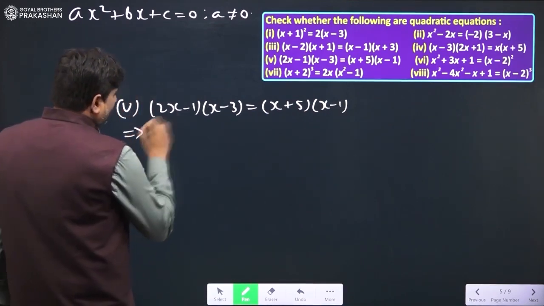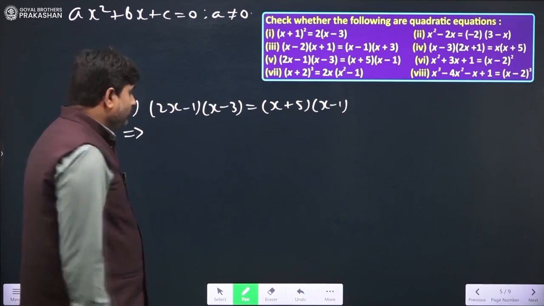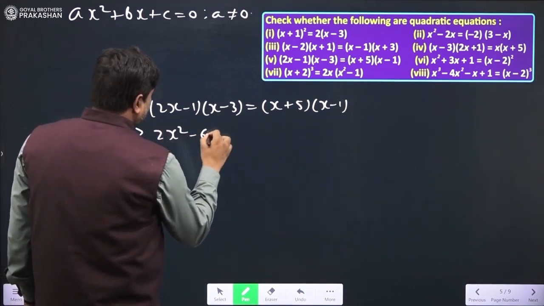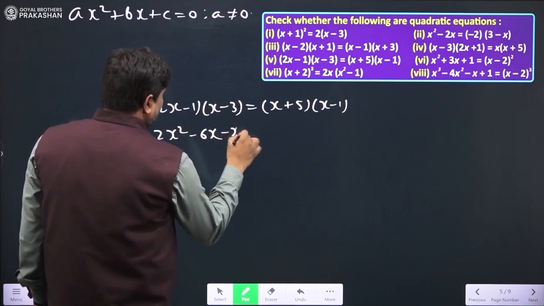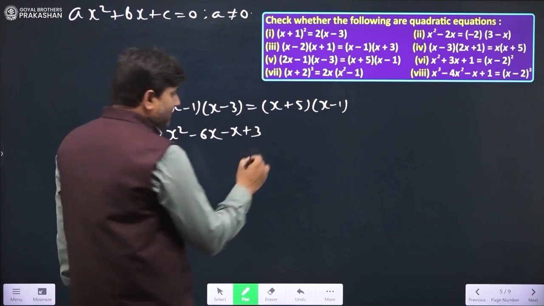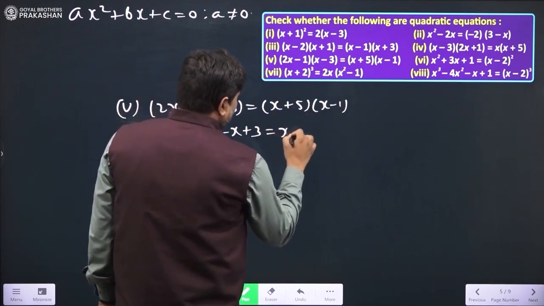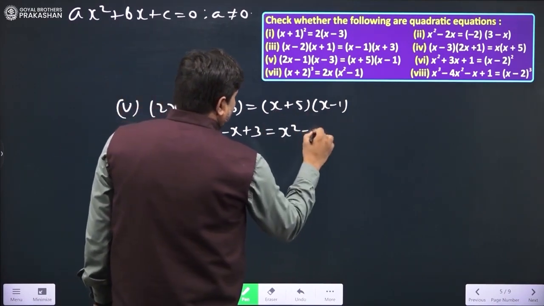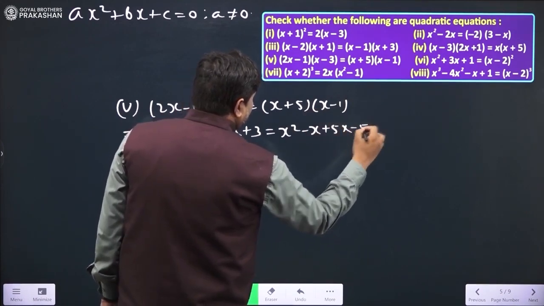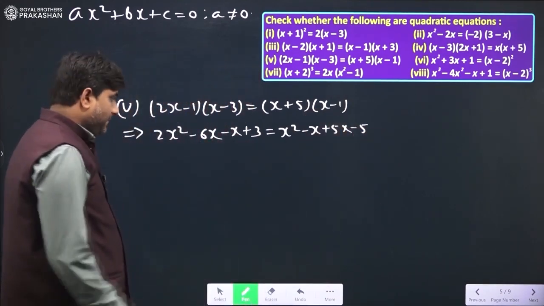So again we have to multiply the brackets. So 2x into x, it is 2x square, 2x into minus 3, minus 6x, minus 1 into x, minus x, minus 1 into minus 3 is 3. So x into x, x square, x into minus 1, minus x, 5 into x, 5x, 5 into minus 1, it is minus 5.